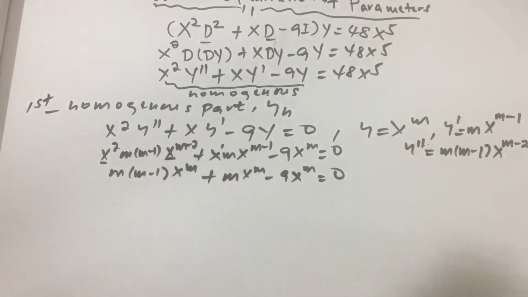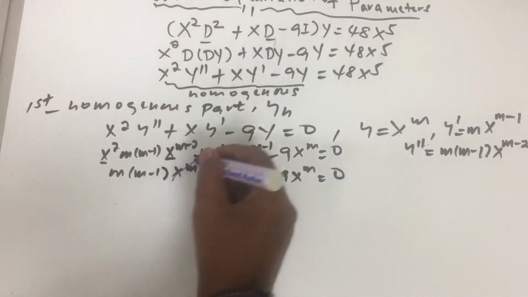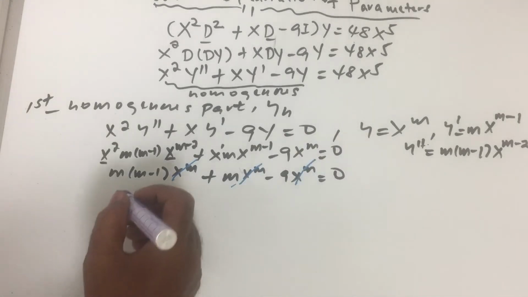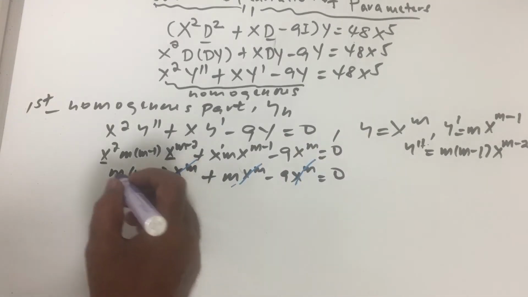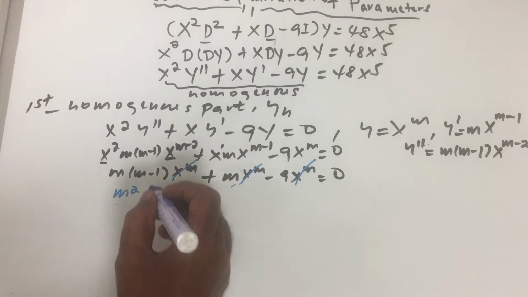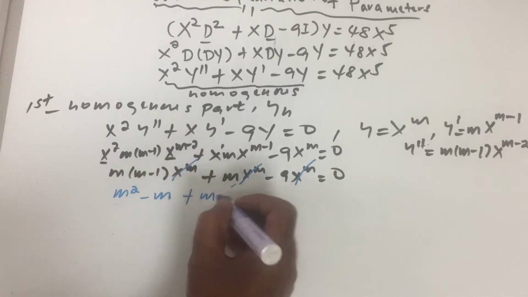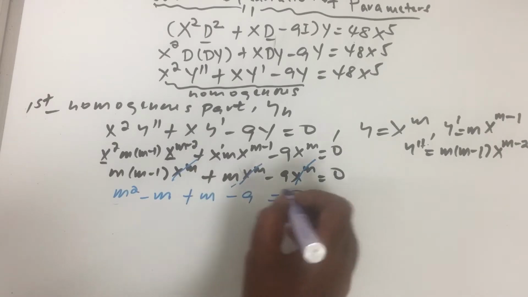We have similar terms here, so we can cancel out x to the power of m because the right side is 0. Our characteristic equation will be m squared minus m plus m minus 9 equal to 0.